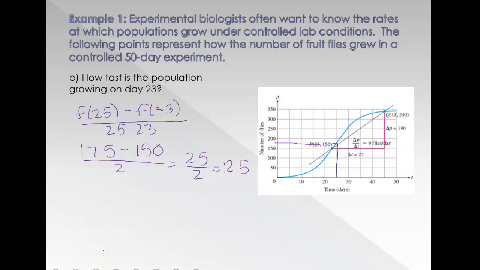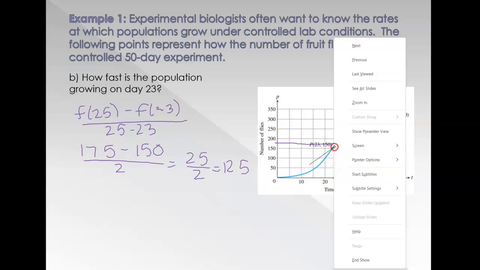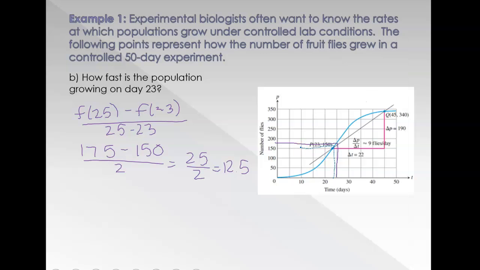Because remember, we like to look at the limit from the left and the limit from the right. So let's look at 24, and then we're going to look at 22. So maybe at 24, it's hard to say, but I'd say 160.